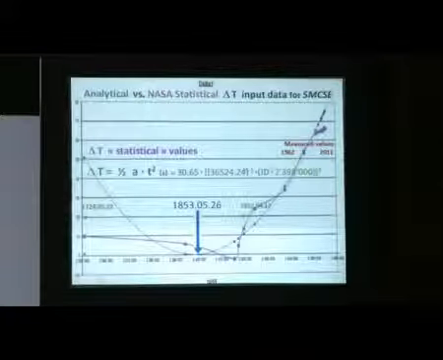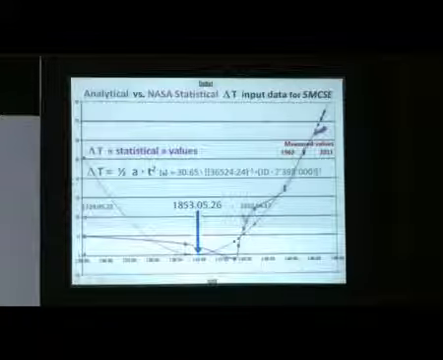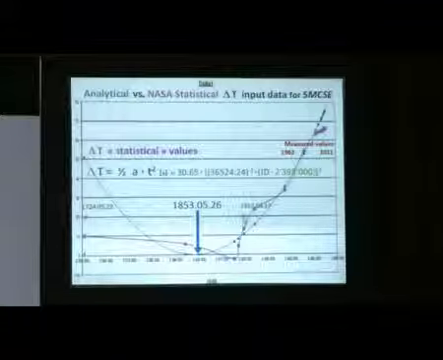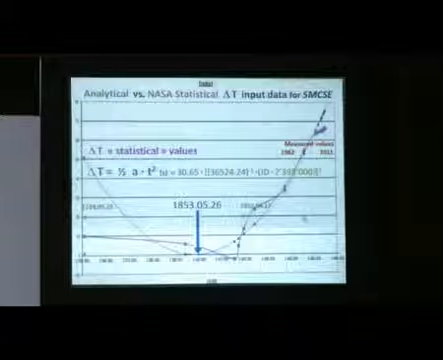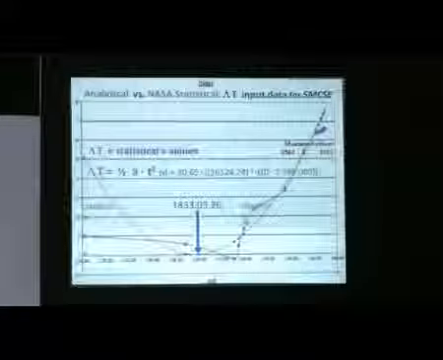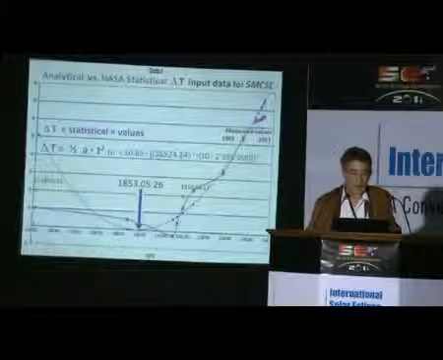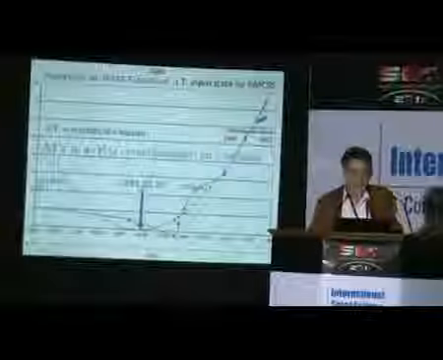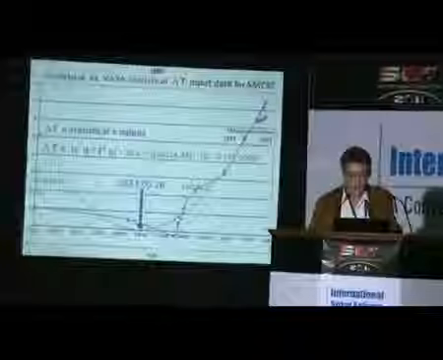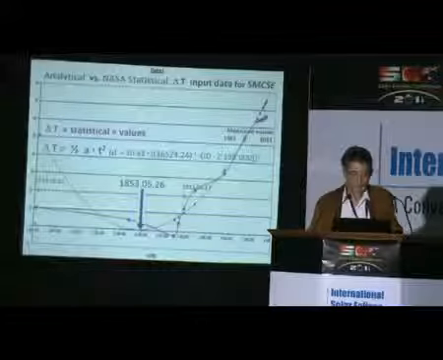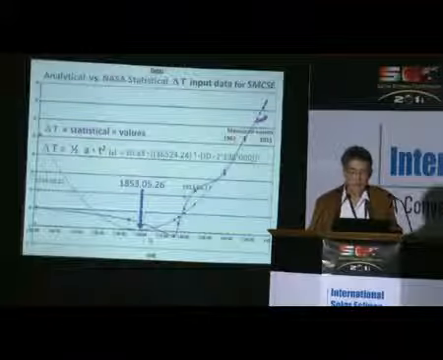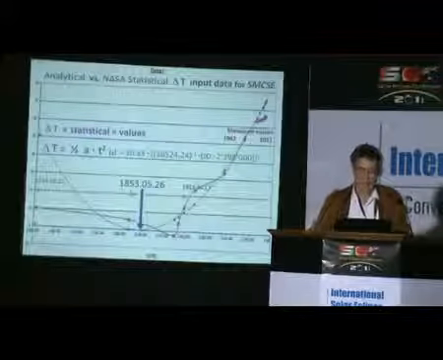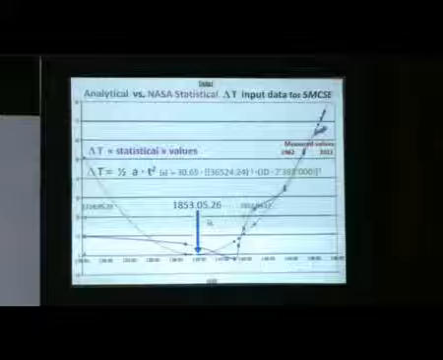Now, we see where are the two eclipses we discussed previously, the 1912 at 22nd and the 724 also at 22nd. And you have a center, a zero value around 1853.